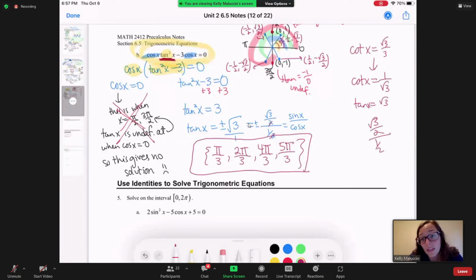So that's basically it. I wonder if you put this in a calculator, it would probably give you the decimal, but then you could check.